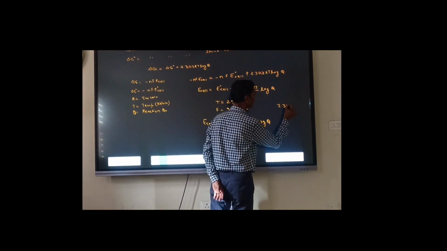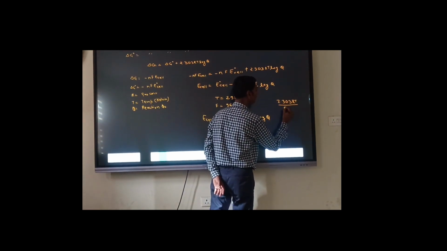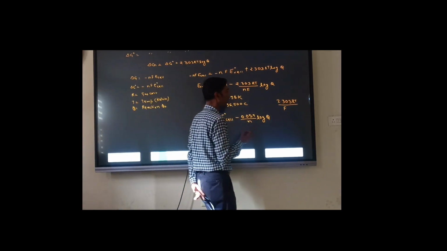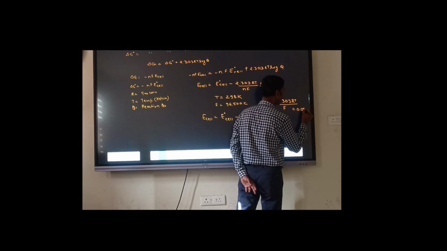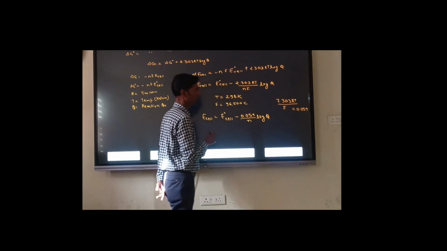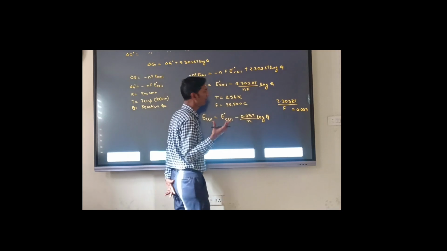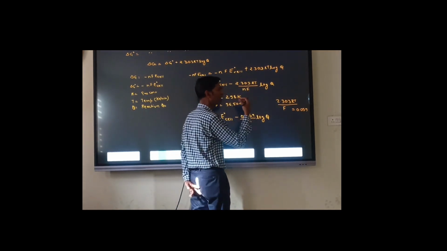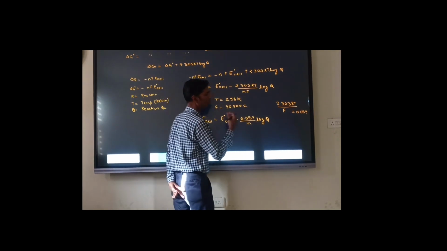It is 2.303 RT upon F; when I solve it, I get 0.059. This is a standard value because everything is fixed: 2.303 is numerical, R is numerical, T in Kelvin is constant, and F is constant.